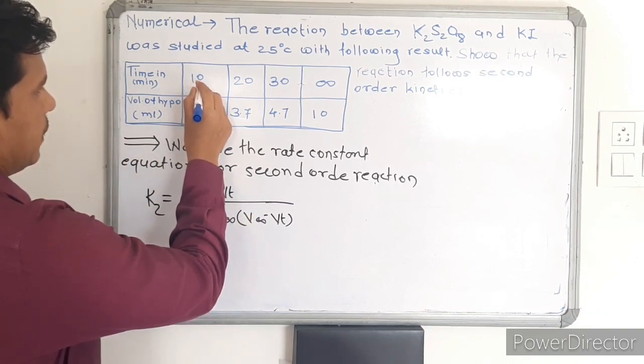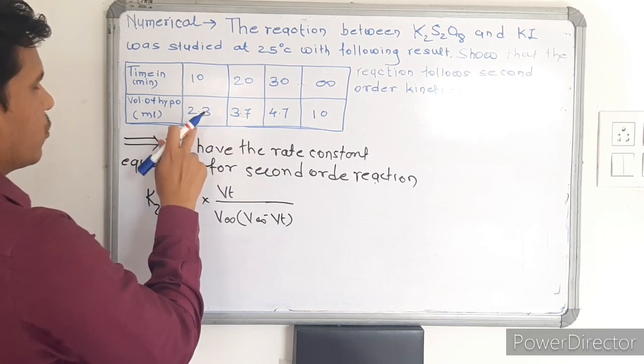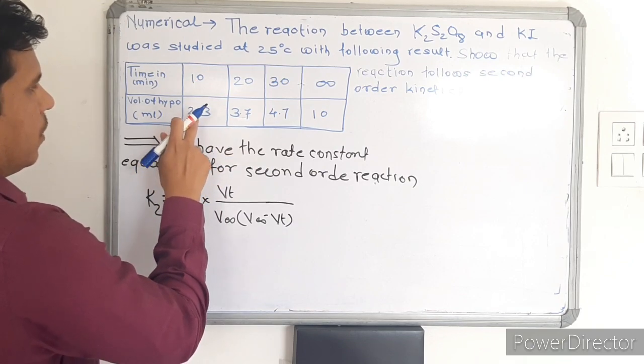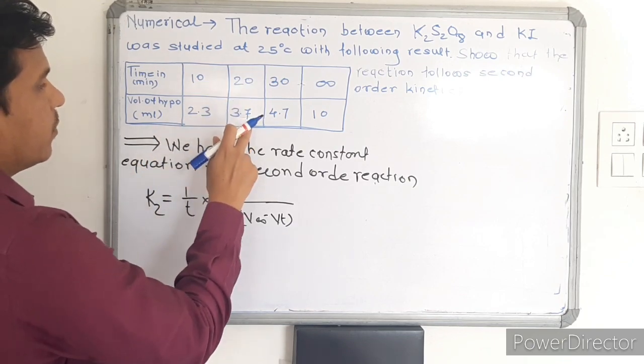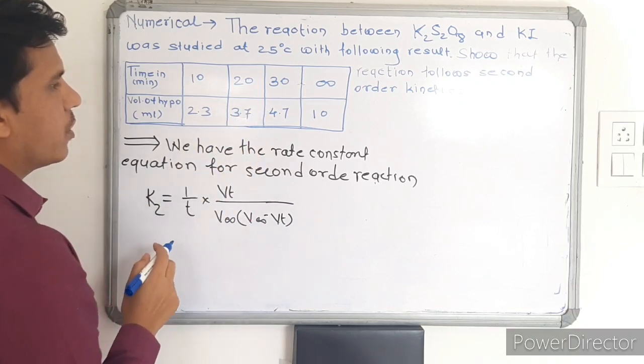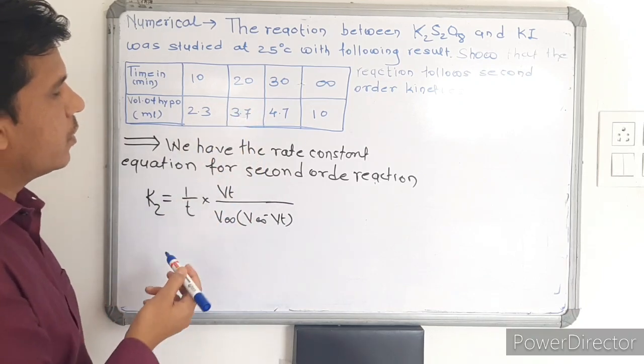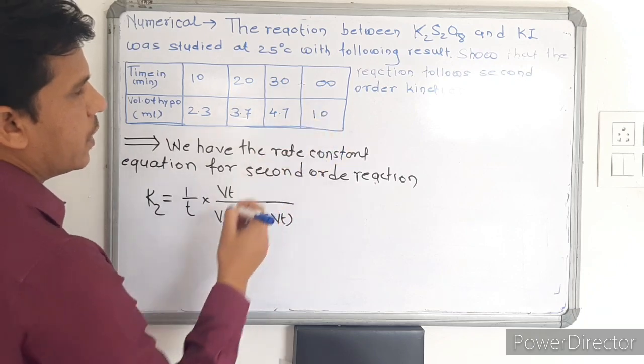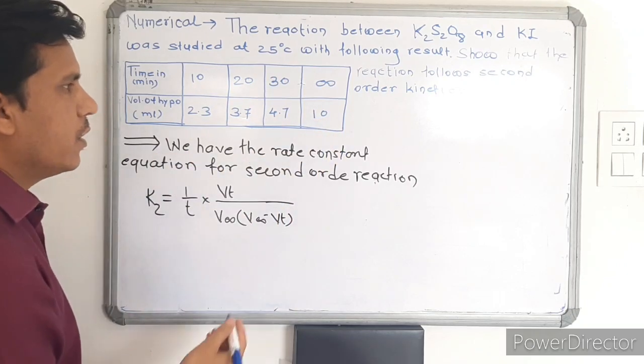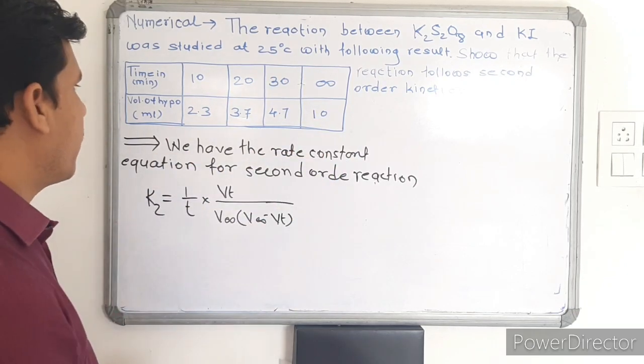At 10 minutes, the volume of hypo solution required is 2.3. At 20 minutes, the volume of hypo solution required is 3.7. At 30 minutes, it is 4.7. At infinite time, it is given as 10 ml.